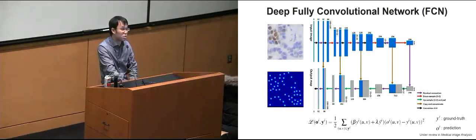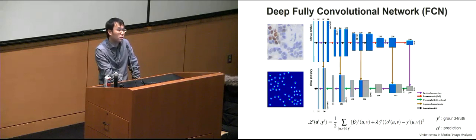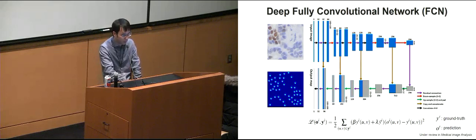As you can see in the labels in the figures at the bottom left, a lot of pixels are background and have 0 values. We're only interested in the central region of the objects. So in order to avoid the model learning a bias toward this kind of background, we define a weighted mean square error for the model training.